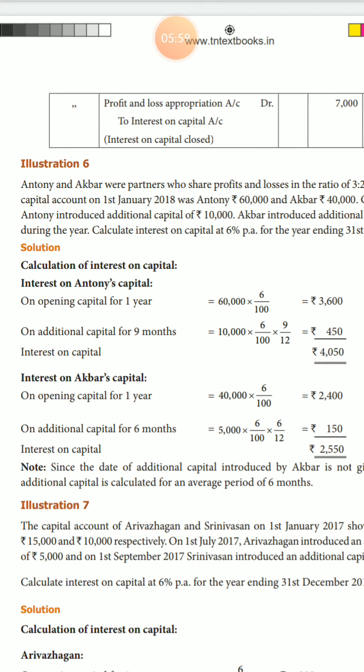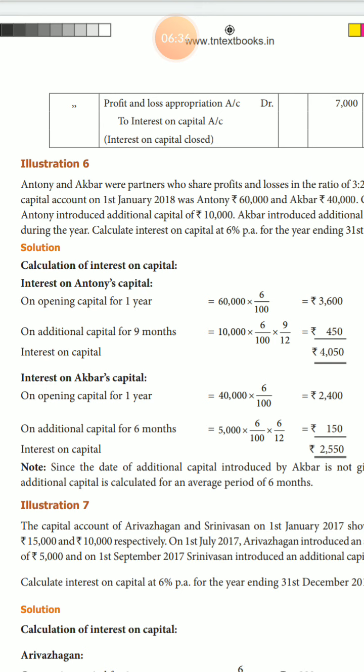On 1st April 2018, Anthony introduced additional capital, and Akbar introduced additional capital of 5,000 rupees. Calculate interest on capital at 6% for the year ending 31st December 2018. Okay, you write the solution.